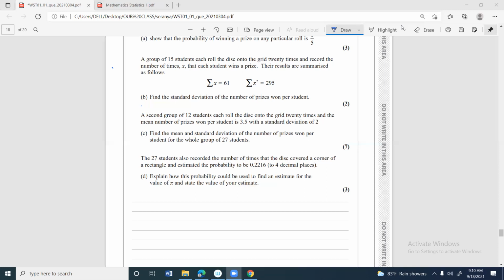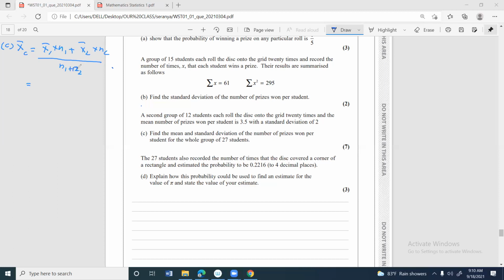So initially we can do it this way. I need to find the total mean. We know that the combined mean, X bar combined, equals X1 bar times N1 plus X2 bar times N2, divided by N1 plus N2. That's the formula.